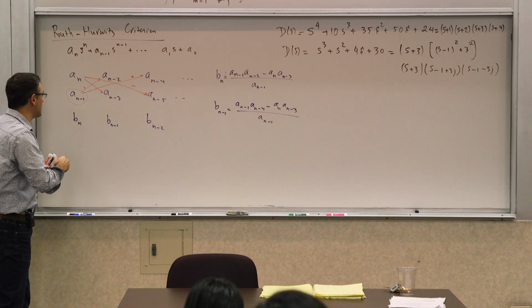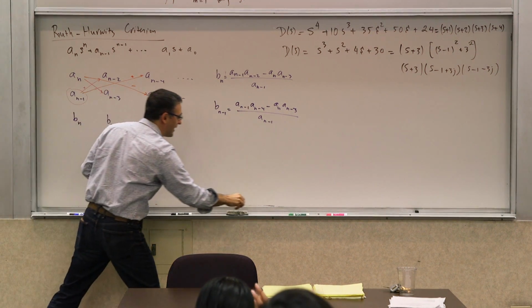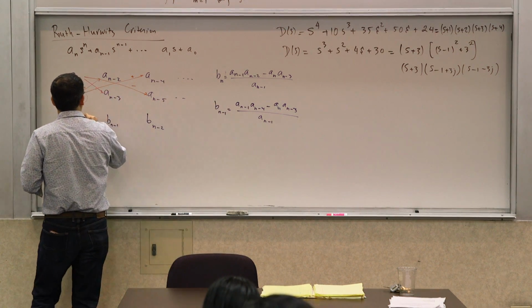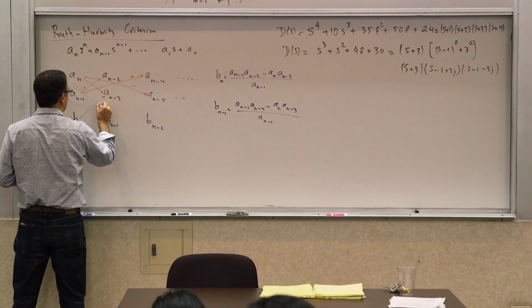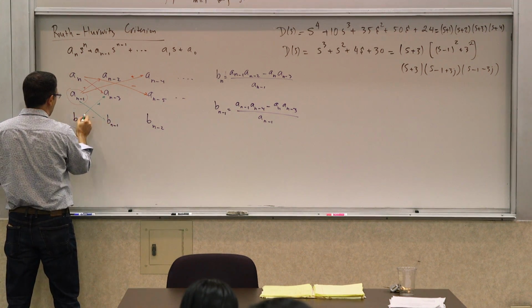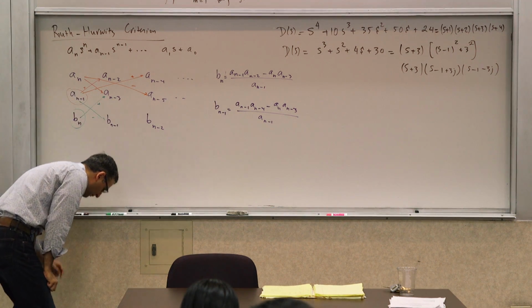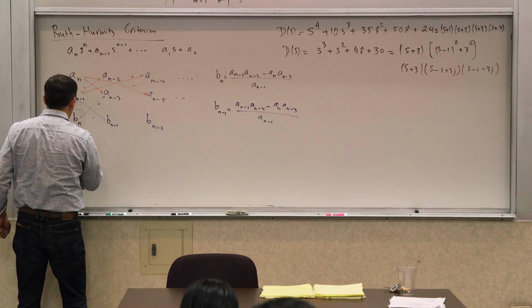And then you repeat this procedure now between the second and third line. So you go again, the same deal: this times that, minus this times that, divided by this. And that would become your c_n coefficient.